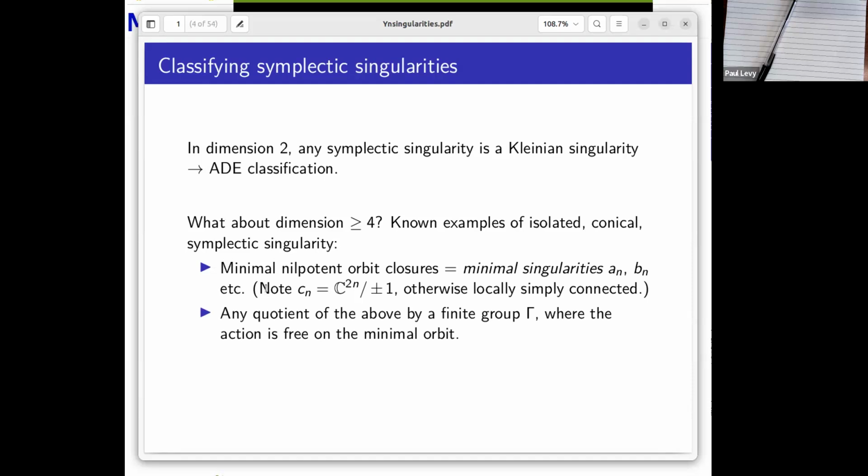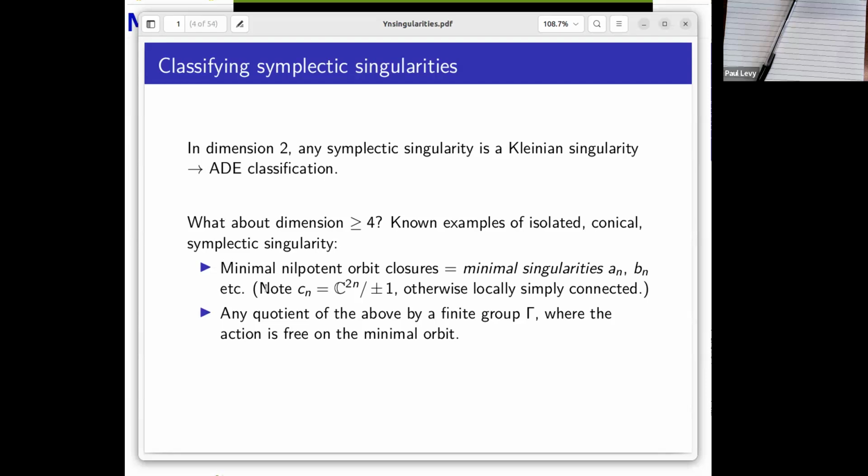But that will only be isolated if gamma acts freely away from the origin. Otherwise, whenever you have a non-trivial stabilizer, you'll get a singular point of the quotient. So whenever gamma acts freely on the minimal nilpotent orbit itself, we get an isolated singularity.